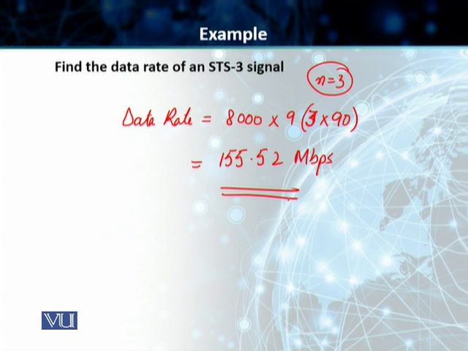Students, in the case of STS signals, there is a very interesting relationship that I already exposed you to, and that relationship is that the data rates of different STS signals are in an exact multiplication relationship.